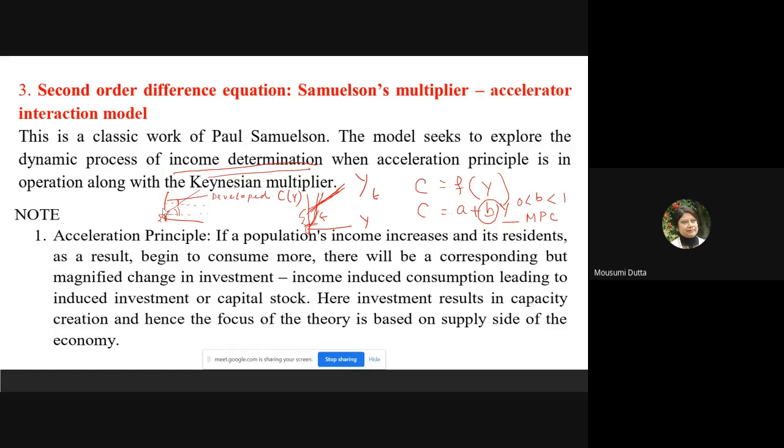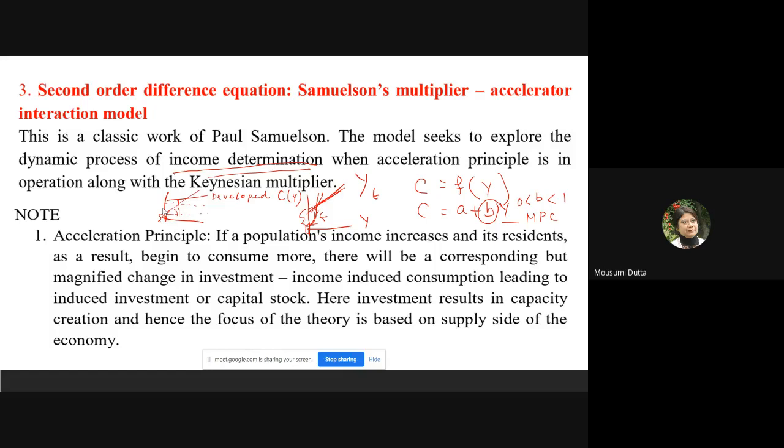So if these things happen, we call it the acceleration principle. First, income is increasing, consumption expenditure is increasing. That consumption expenditure in turn increases the investment. So income-induced consumption results in an increase in investment or capital stock. This idea is called the acceleration principle.